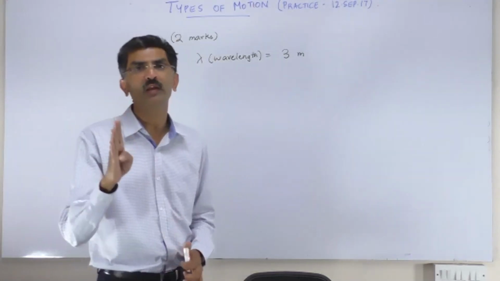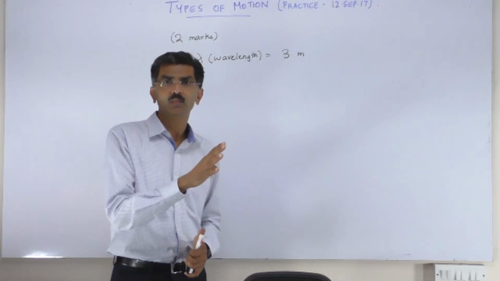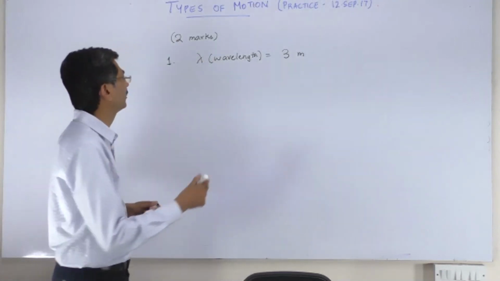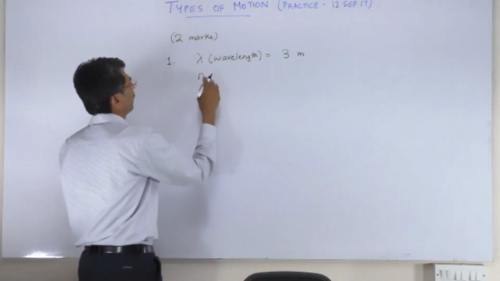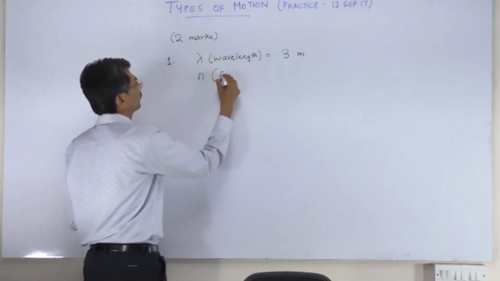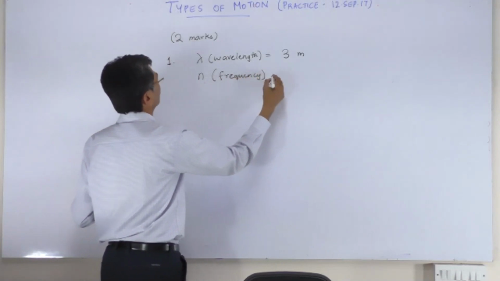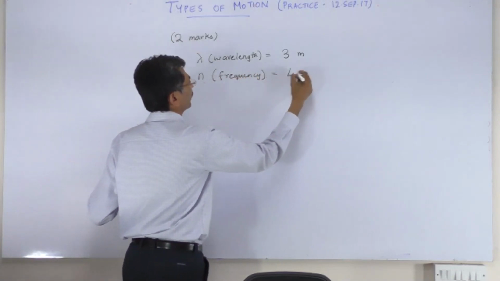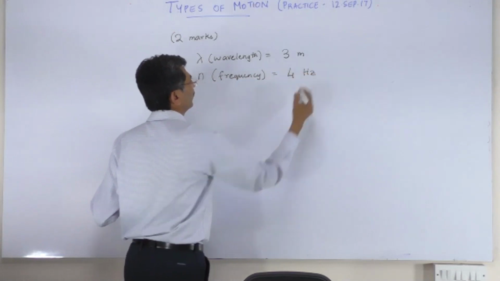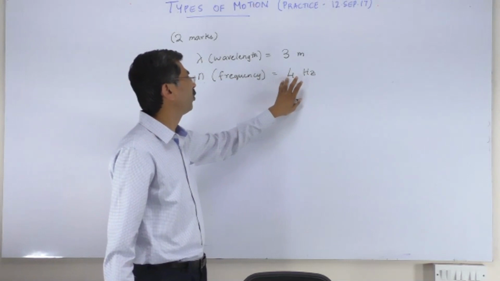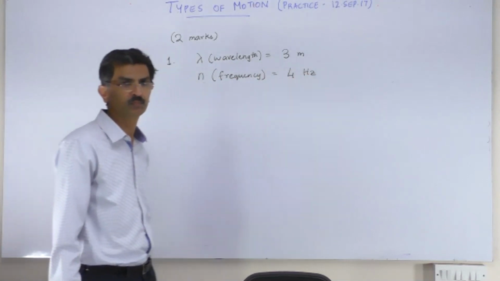So 4 waves per second means that the frequency of the wave is 4 cycles per second. The frequency is measured in hertz. This means 4 cycles per second.